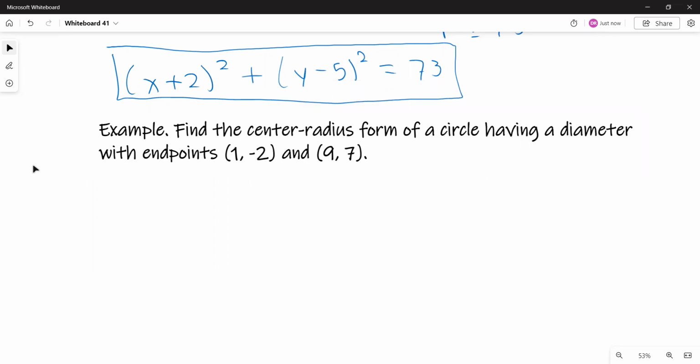Okay, so we know the endpoints of a diameter. We need to find the radius and the center, and it always helps to draw a picture.